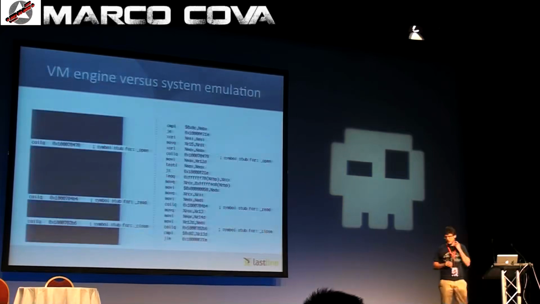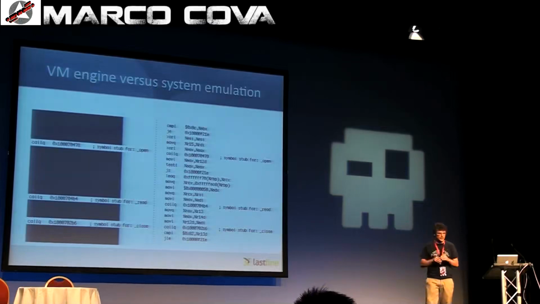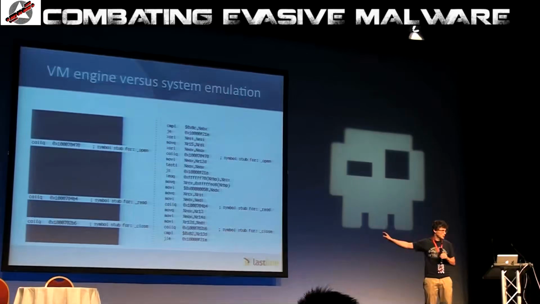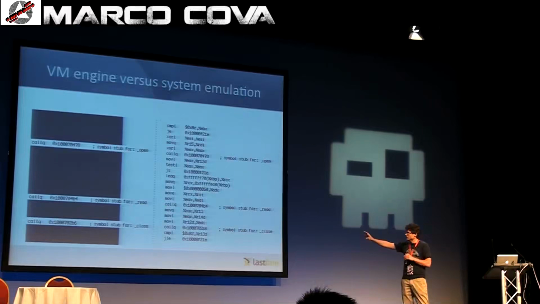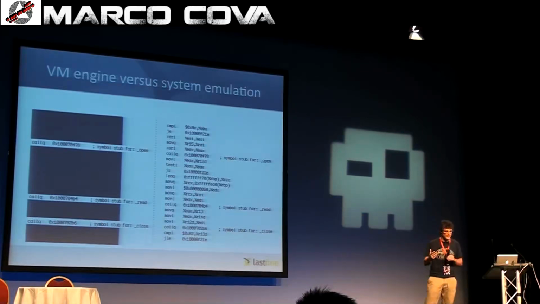Okay, so this is a slide that tries to show the difference between a traditional sandbox that you see on the left-hand side versus a sandbox that uses full system emulation like the one that we have at Lastline. A traditional sandbox typically hooks either the system calls or the Windows API calls in order to understand what the malware is doing.